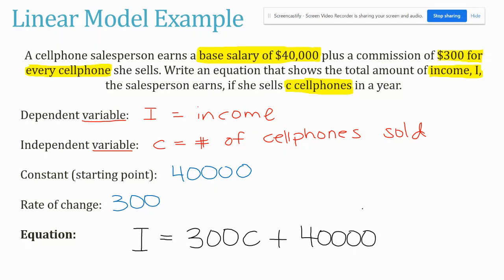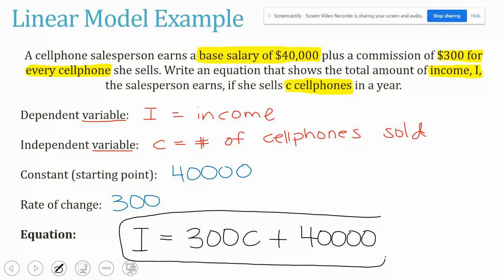Okay, so we're going to add $40,000 to 300 times however many cell phones she sells. That equals our income. Now, these can also be switched around. It could be 40,000 plus 300C. Addition is commutative, so we can move those around. But this is how we would set it up.